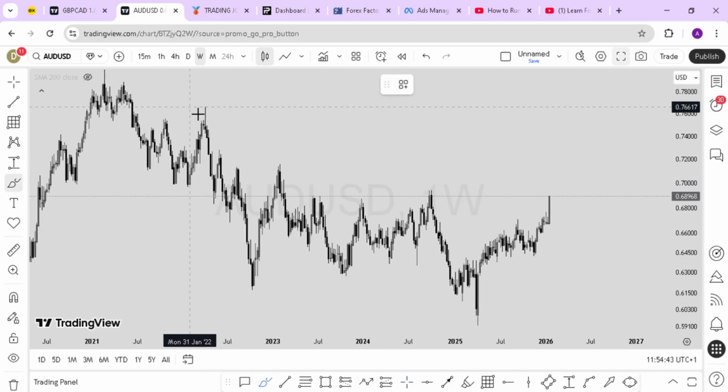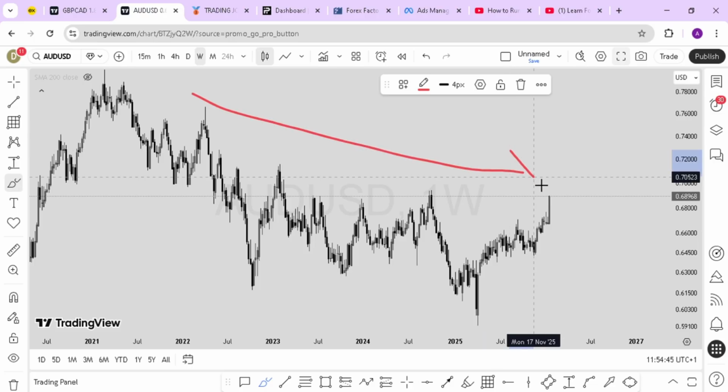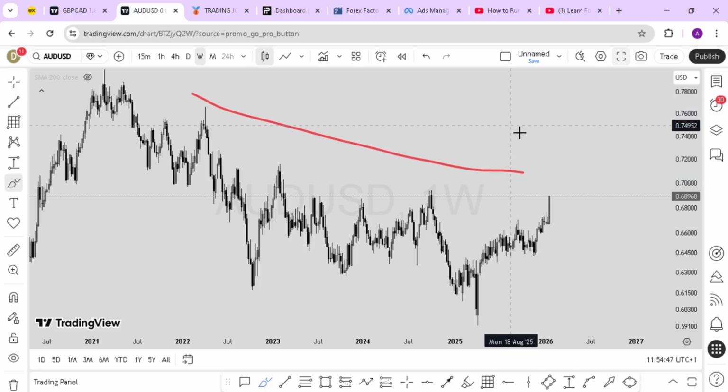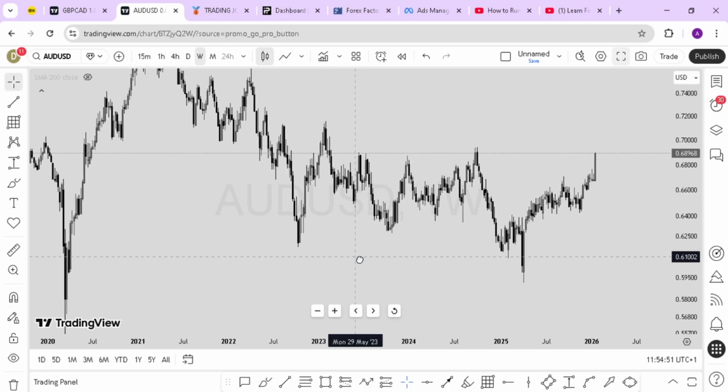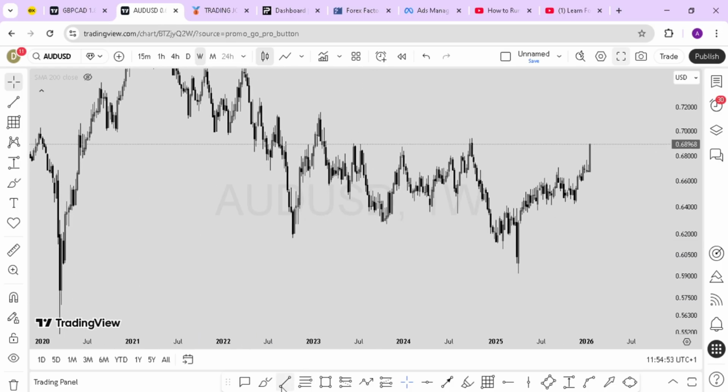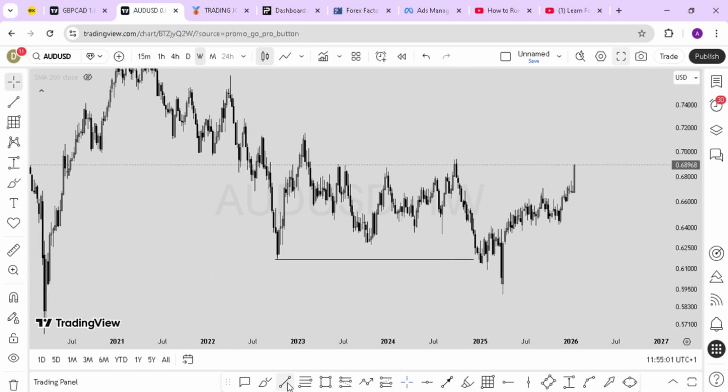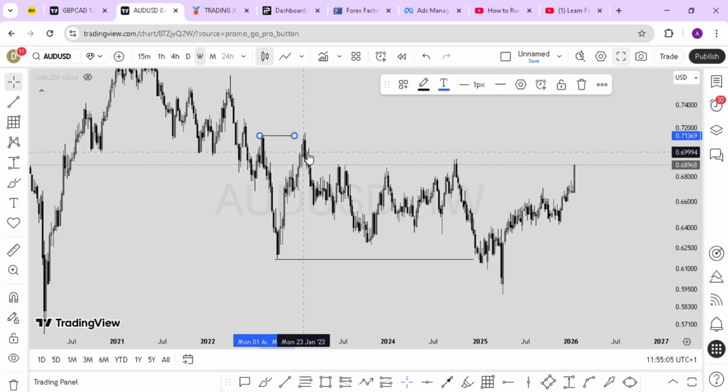It's obvious that this market has been bearish for a while on weekly. In terms of weekly structure, this is the last break of structure that the market did, and you can see the market swept this high before it finally came down to break this structure.